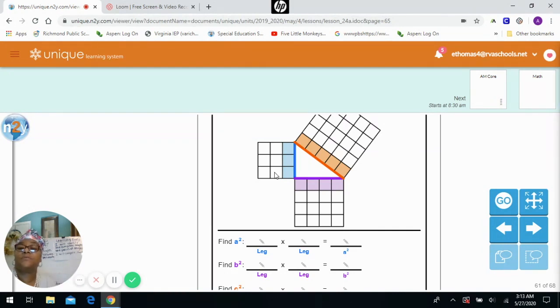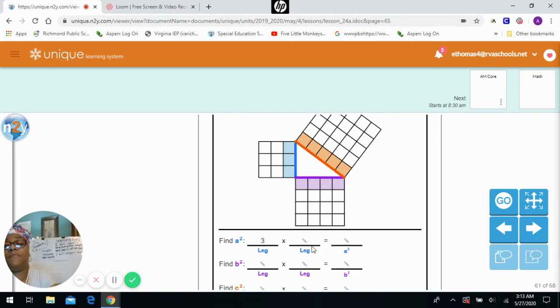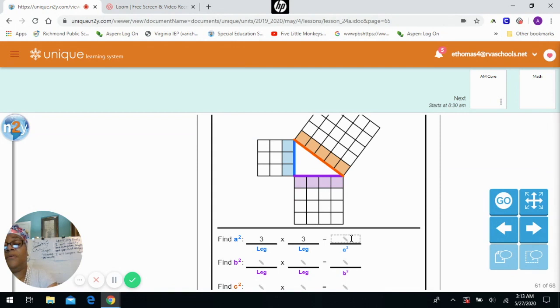Remember squares? A perfect square. 3 times 3 is 9.